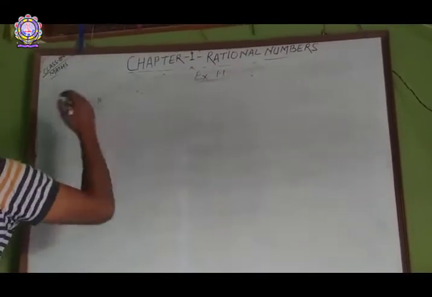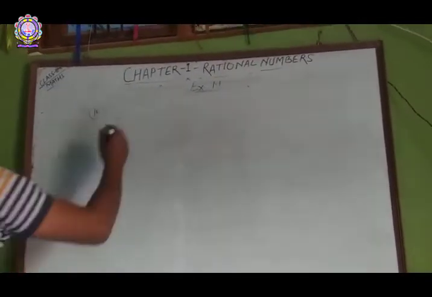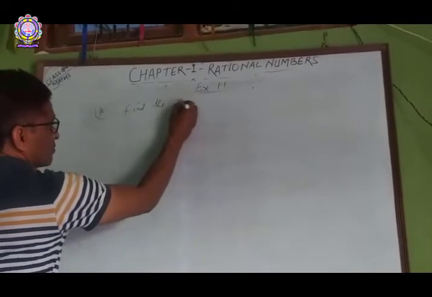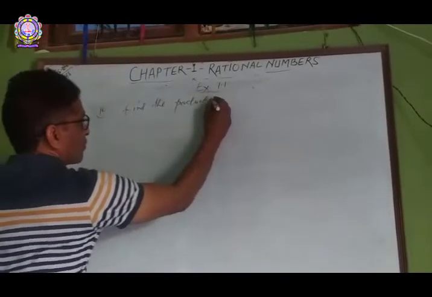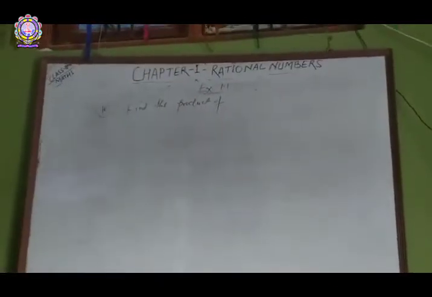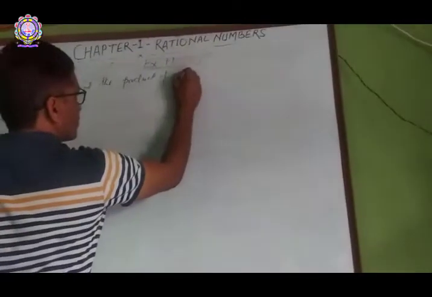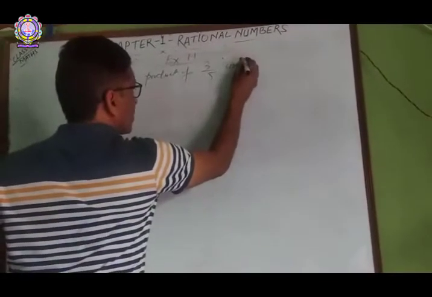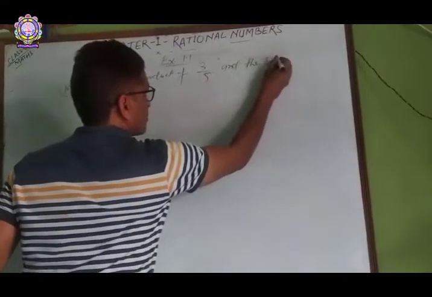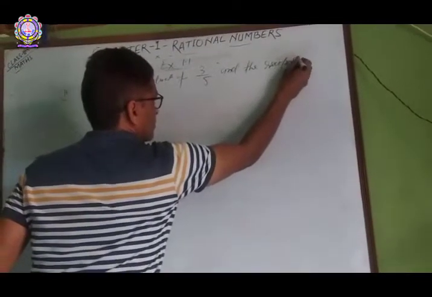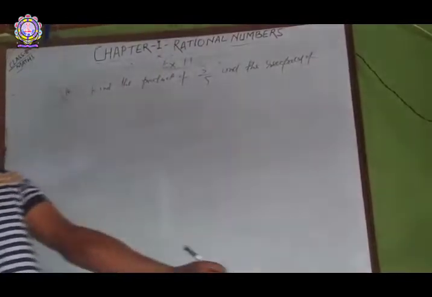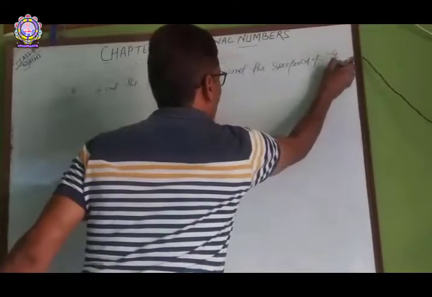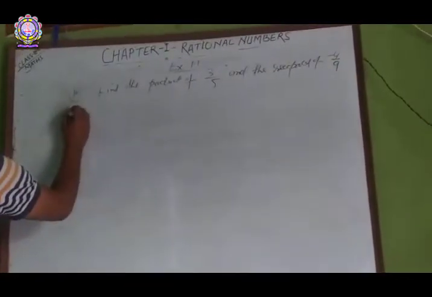Question 10 is find the product of 3 upon 5 and the reciprocal of minus 4 upon 9.